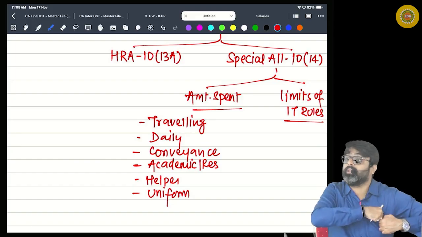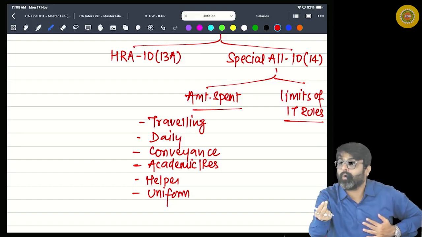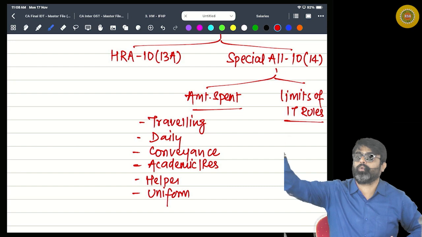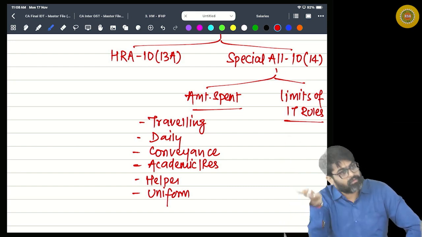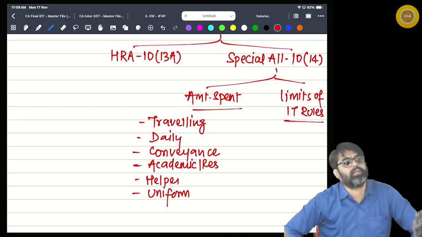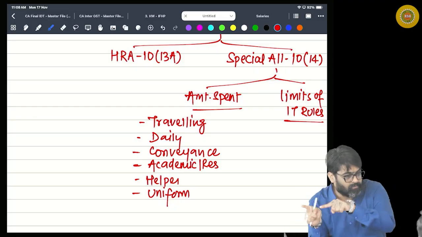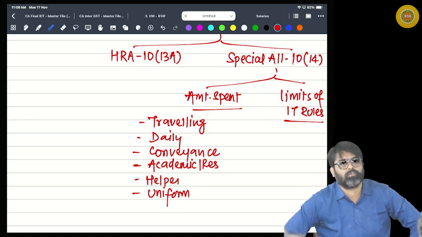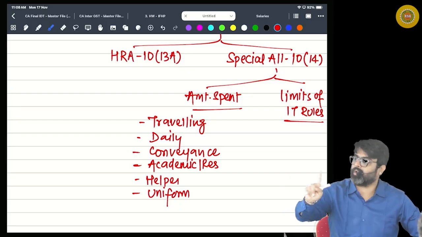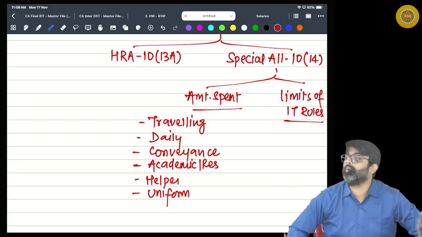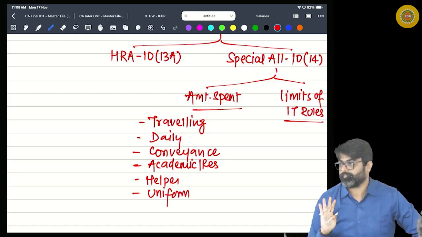You must have spent that amount out of your own pocket. Yes or no? For which you are going to claim a reimbursement from your employer. And that reimbursement of 400 rupees will not be treated as your income, because that is the reimbursement of your official traveling expense. So reimbursement of official expenses by the employer is not treated as your benefit. It will be ignored.